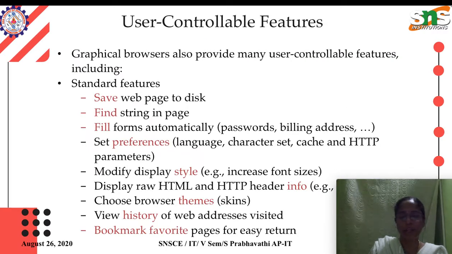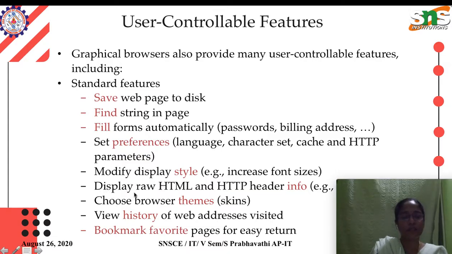And as I said, apart from the basic primary task of the web browser, there are some other features available which we are using nowadays. We could save a page in the browser, we could find some string using Control F, we could fill some forms automatically, and we could make a bookmark, we could clear the history, store the history, a lot of things are there.